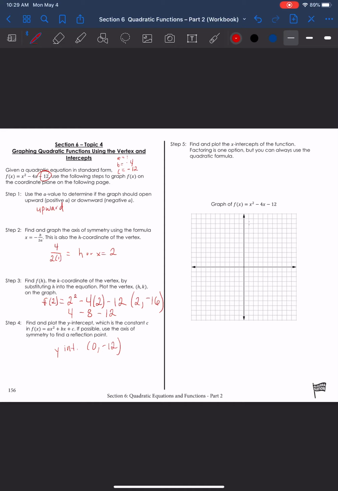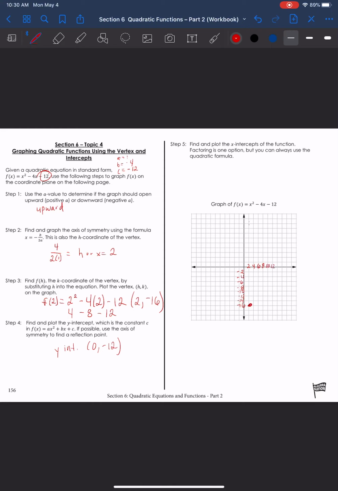Alright, so let's go ahead and start plotting what we already know. We know that this graph has a minimum point at 2, -16. I'm going to go by 2's here: -2, -4, -6, -8, -10, -12, -14, -16. And going by 2's here: 2, 4, 6, 8, 10, 12, hopefully that's enough.